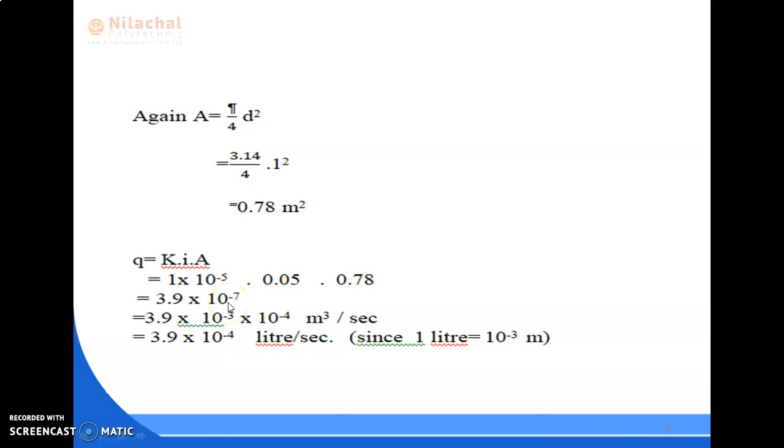As the question asks us to convert this into liters per second, we convert it, and our answer is 3.9 into 10 to the power minus 4 liter per second. We divide it like this: 10 to the power minus 7 is 10 to the power minus 3 into 10 to the power minus 4. We know 1 liter equals 10 to the power minus 3 meter cube. So the rest is 3.9 into 10 to the power minus 4 liter per second.